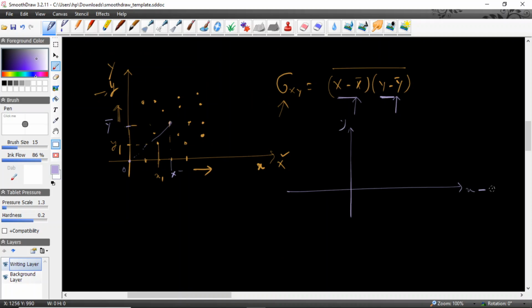So if I plot x minus x bar against y minus y bar, that is the same plot, but the origin will be shifted to 0 0. The data is the same. I have simply shifted this point to this point.